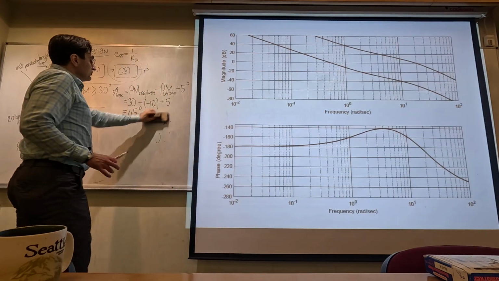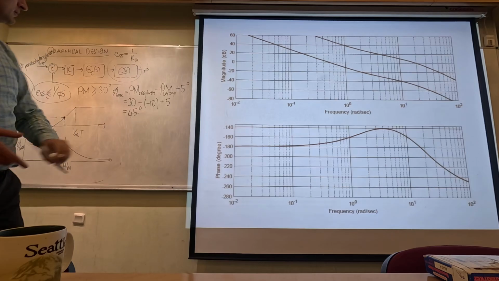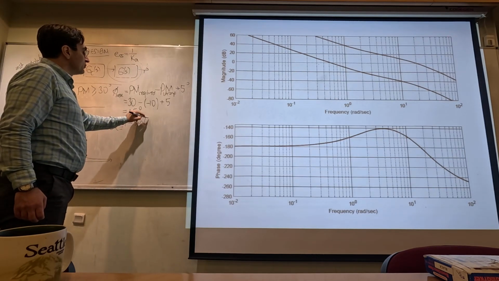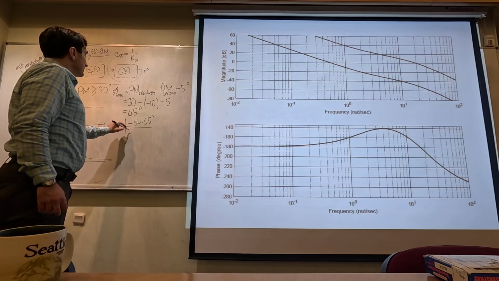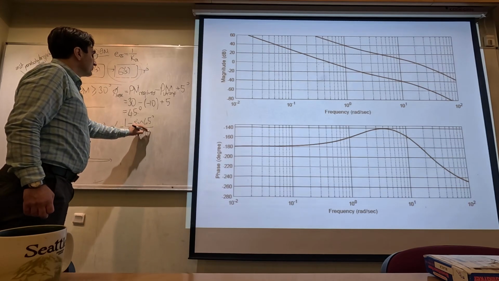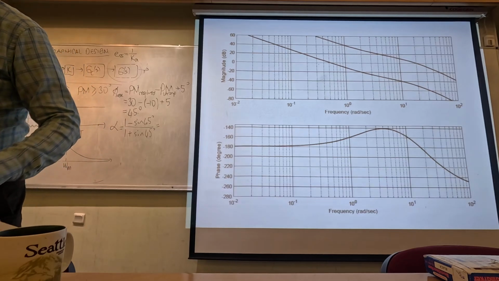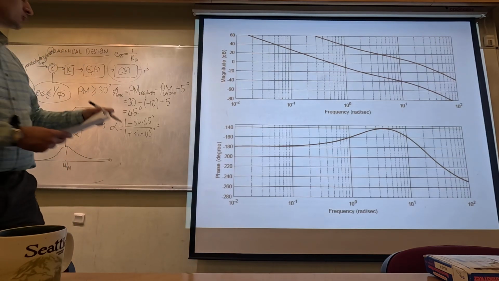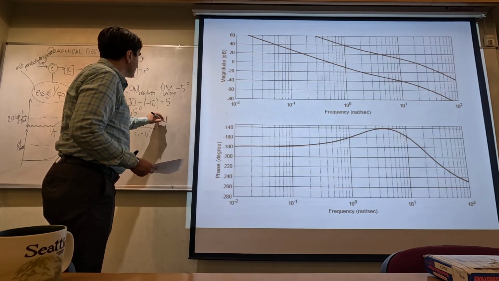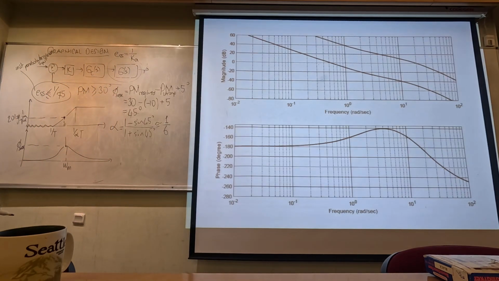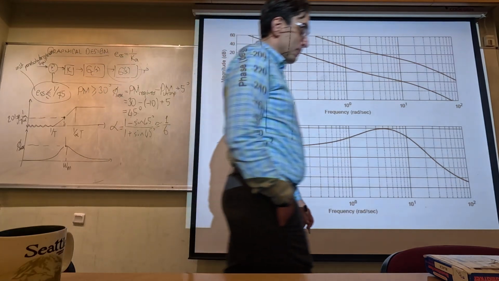And when I use this phi max, alpha is given as 1 minus sine 45 degrees divided by 1 plus sine 45 degrees. Okay? So here, when I calculate that number, you're going to end up with something approximately equal to 1 over 6. I have already found my alpha, okay, which is going to be 1 over 6.